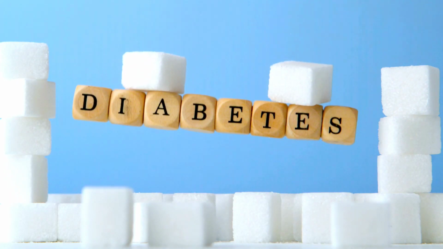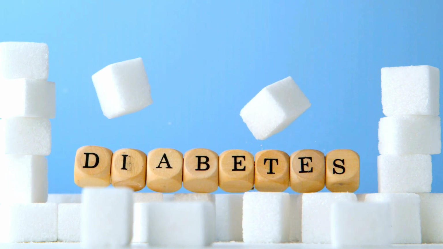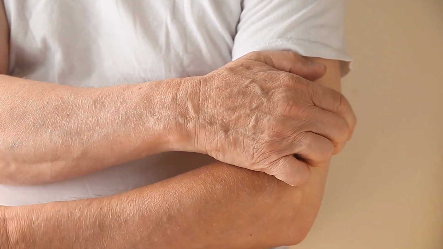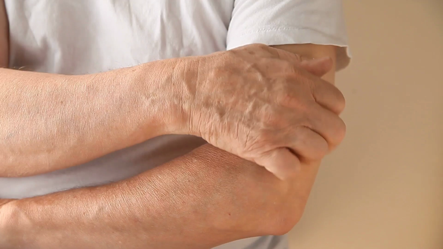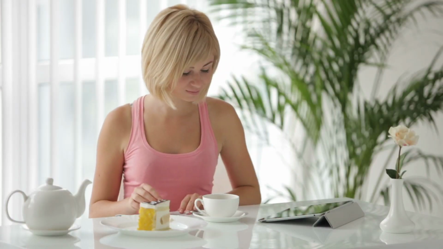Some might have constant itching all over the body, especially in the genital areas, which is also a sign of diabetes. Another thing I would like to touch on is diet for diabetic patients.